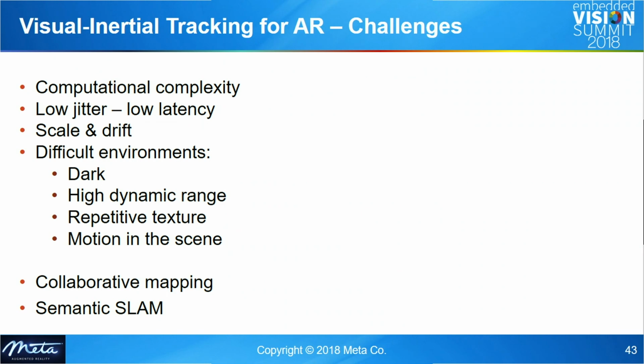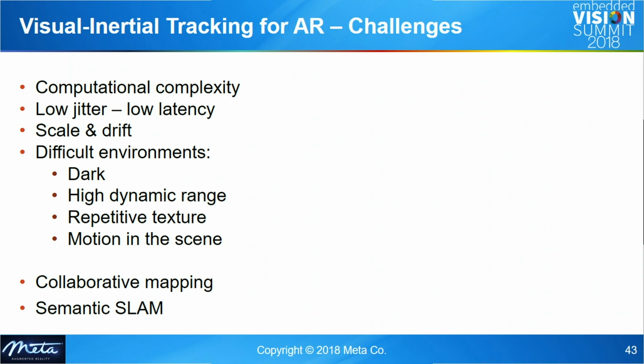So figuring out that trade-off, or coming up with systems that have both low jitter and low latency, is still something we are working on, especially given that we also have the computational limits. Then there's scale and drift, as I already mentioned, and getting the computer vision part to work reliably no matter what the environment is. Those are more on the basics, or the traditional side.